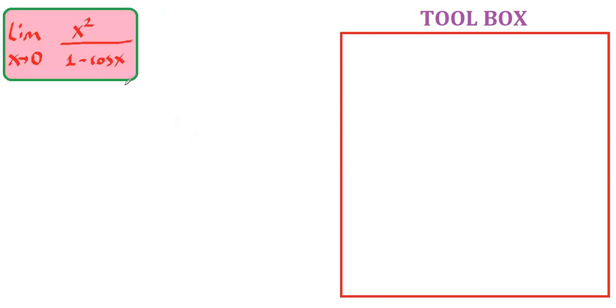For this limit we're going to utilize the half angle identity. Let's remember what the half angle identity was. Cosine squared of x over 2, which is half of the angle, is equal to 1/2 times 1 plus cosine x.